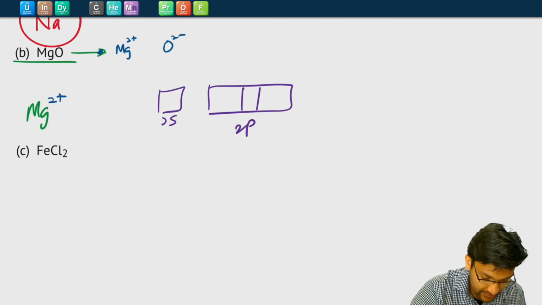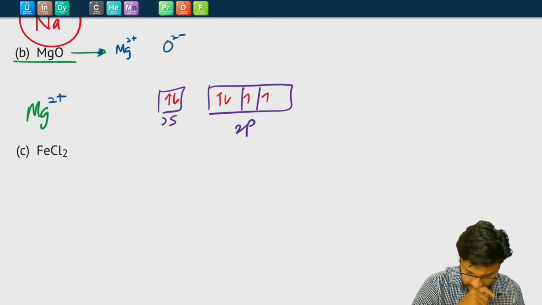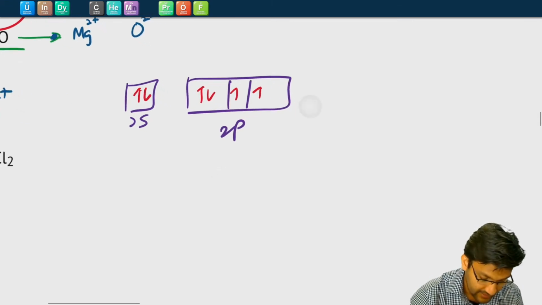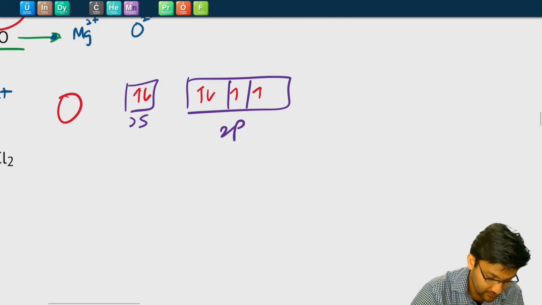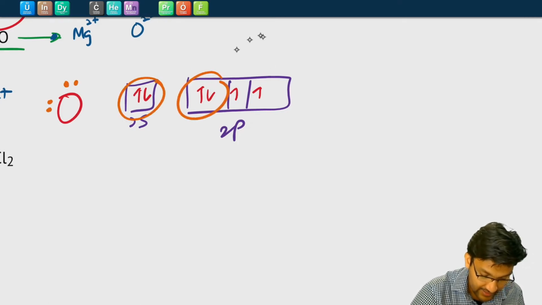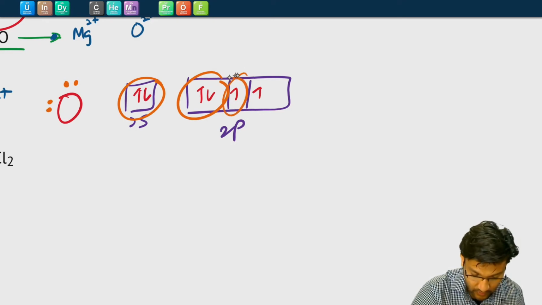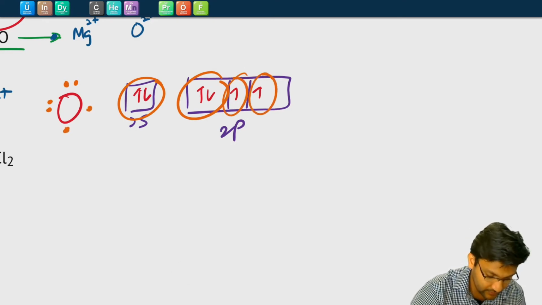In the 2s we'll have a pair, and in the 2p we'll have 4 electrons. So for oxygen we'll have 2 pairs from these, and then 2 unpaired electrons.